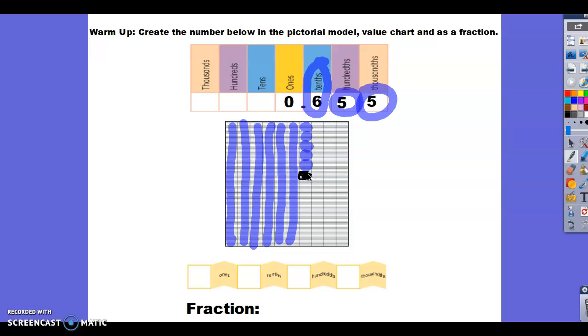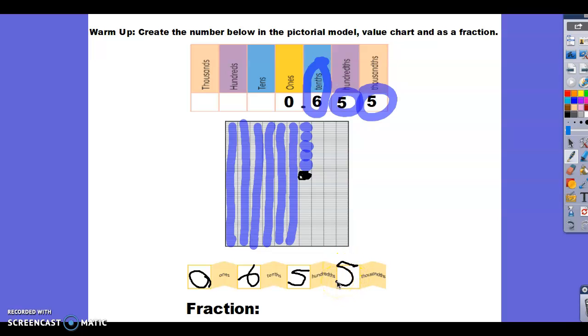So you have your tenths. You do those first. So those are the biggest. Your hundredths, which are your squares, and your thousandths, which are the tiny little lines. So in your expanded form, there are 0 ones, there are 6 tenths, there are 5 hundredths, and 5 thousandths.